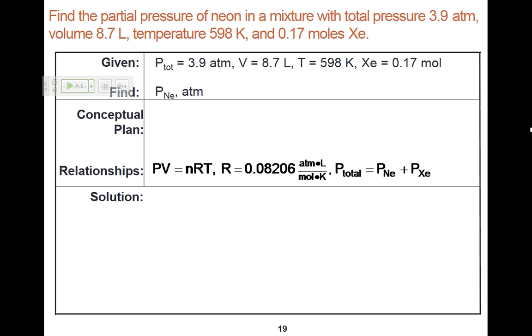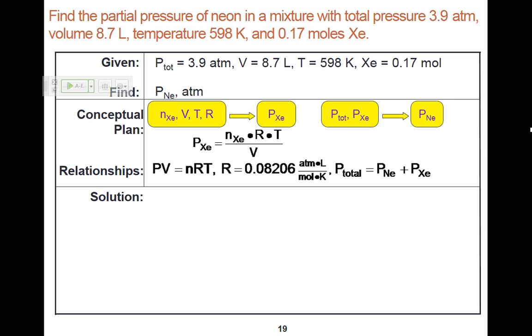So that's the way that I'm going to go through this. I'm going to find my pressure of xenon, and then I know my total pressure and my pressure of xenon, so I can use this equation, P total is equal to P_Ne plus P_Xe, and find my P_Ne.